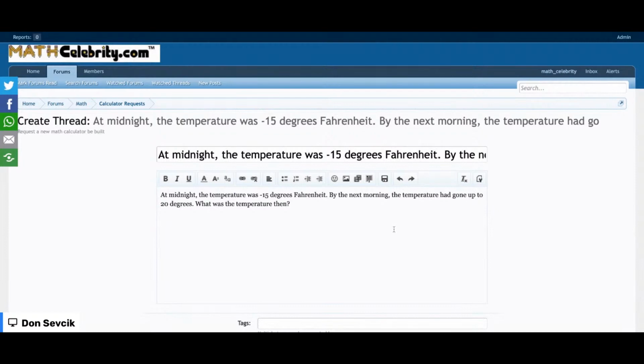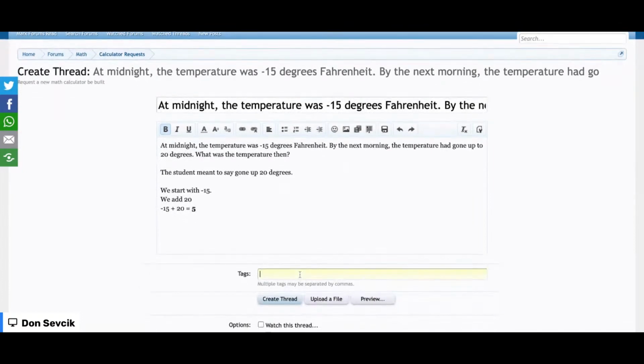But really what the student meant to say was gone up 20 degrees. We start with negative 15. We add 20. We get 5 as our answer.